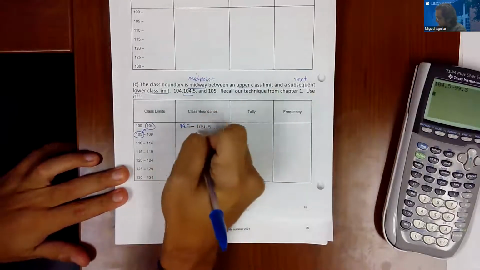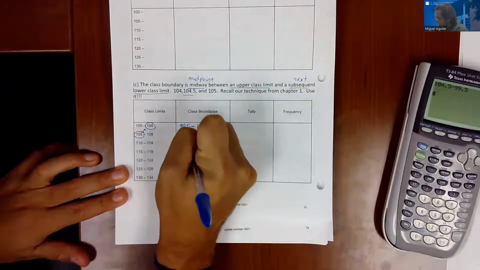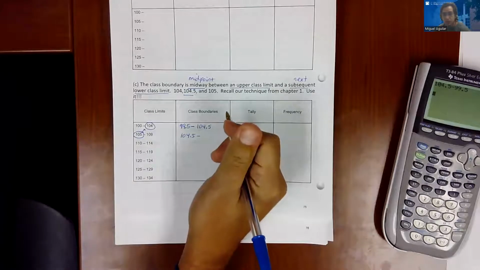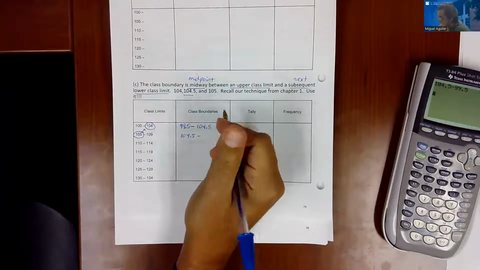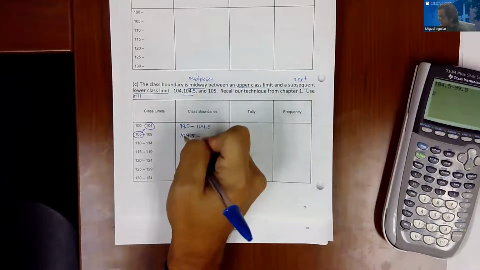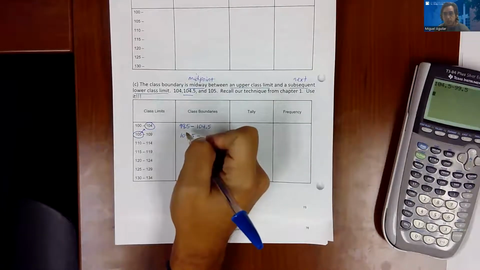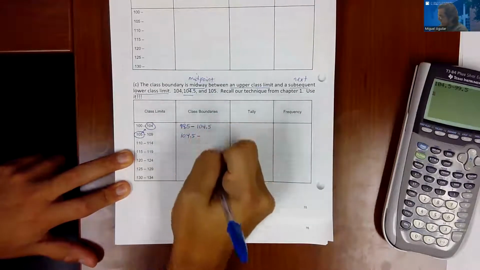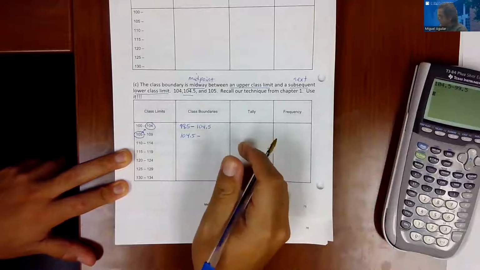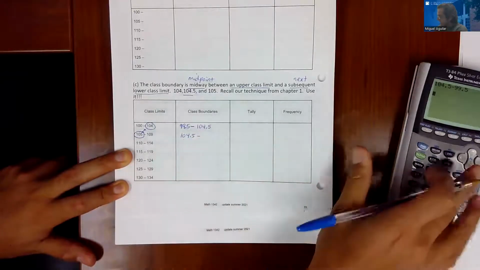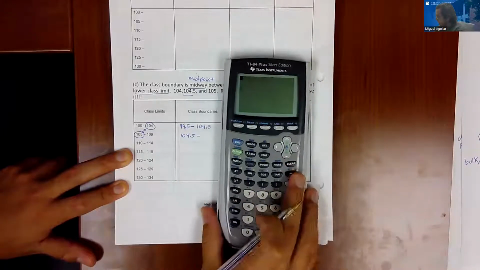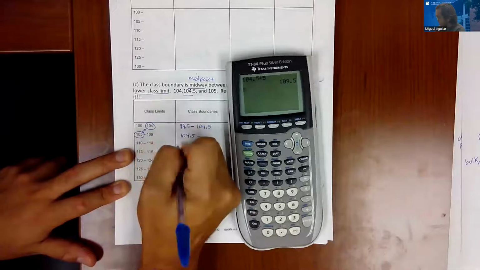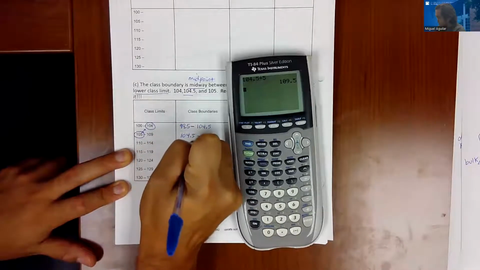So we can start off the next boundary by saying this is 104.5. And we could use the class width here to find what the upper boundary is going to be, because we're just going to add the 5, the class width. And we could just go down our lower boundaries and then our upper boundaries using that class width. So if we add 5 to this value, maybe we'll bring our calculator into the mix, 104.5, and let's add the class width here. We get 109.5, right?